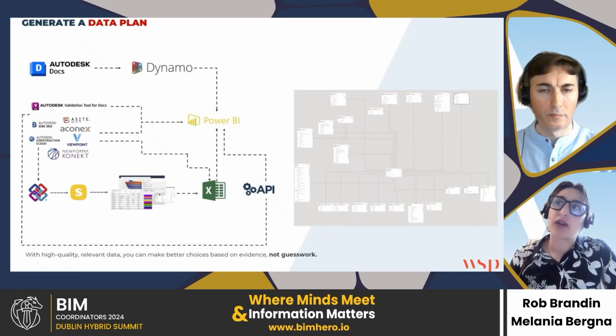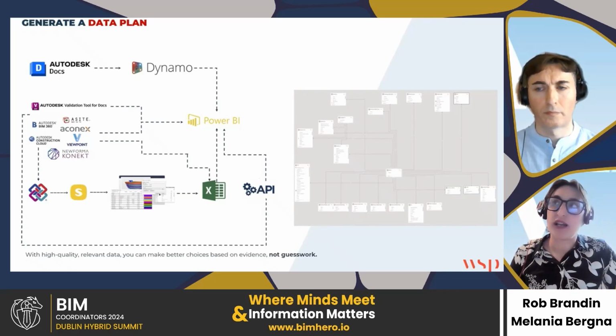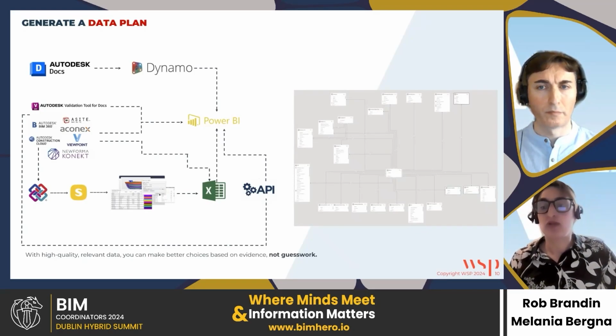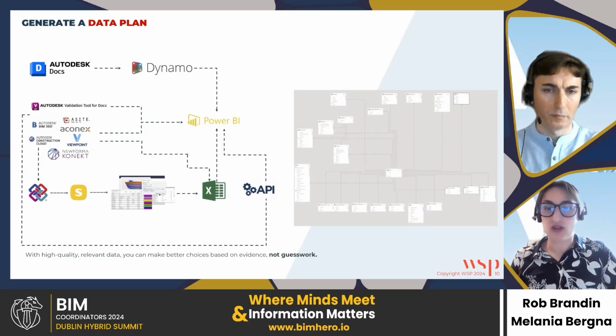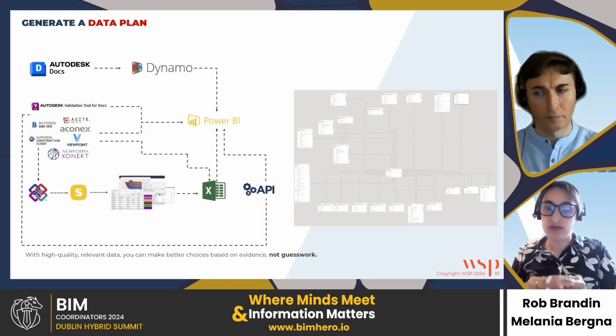I think nowadays CDEs are having more capabilities, API capabilities, so it becomes easier to export the data from the models than it used to be before. So we can see on the right-hand side a data model, and as you can see by this star diagram, everything is coming to one point of the data model.